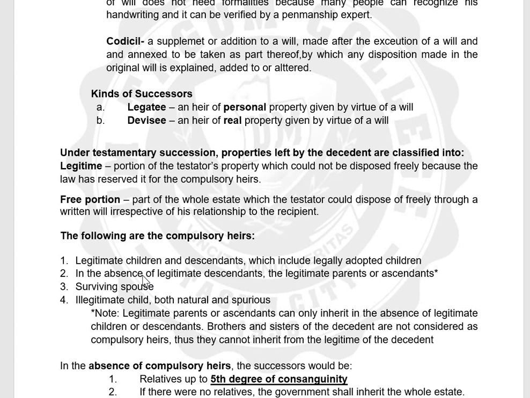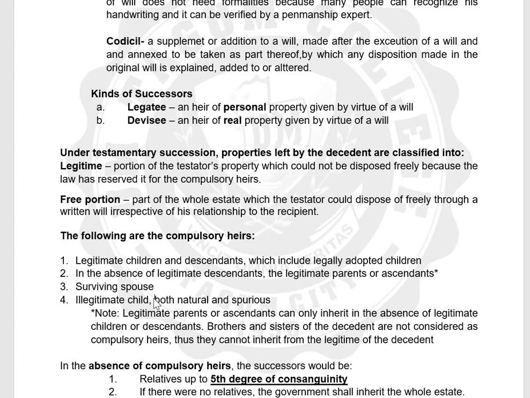Okay? Kasi, as I've said kanina, maka-share lang sa legitime si parents or ascendants if wala ang decedent na legitimate children or descendants. Pero, pwede maka-receive sa free portion ang parents or ascendants. It's just that hindi siya part sa legitime.